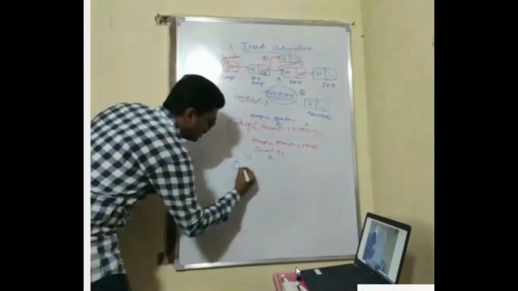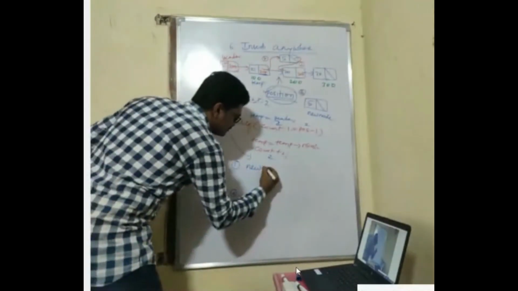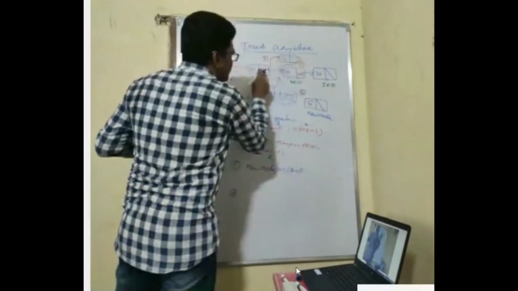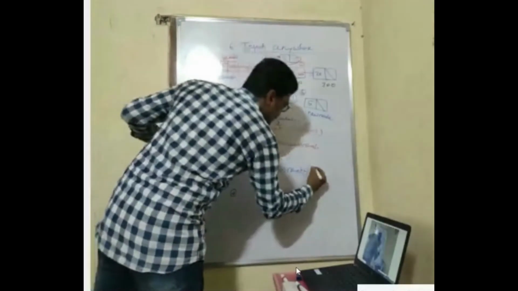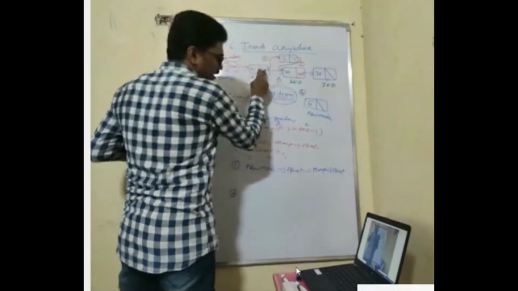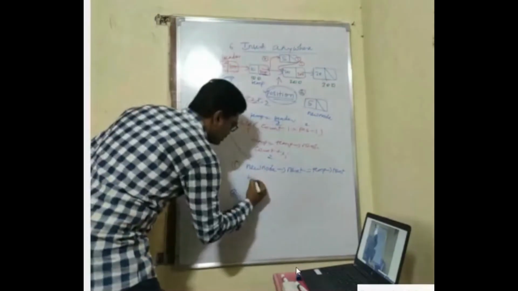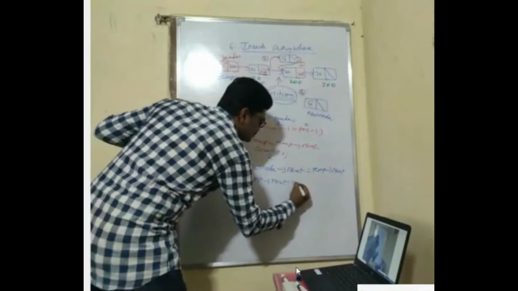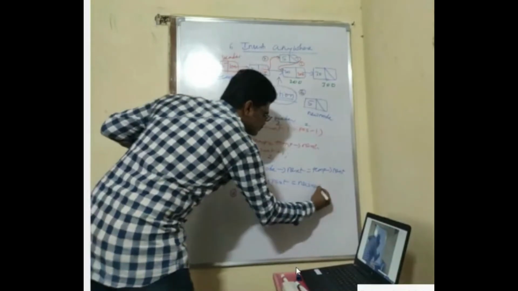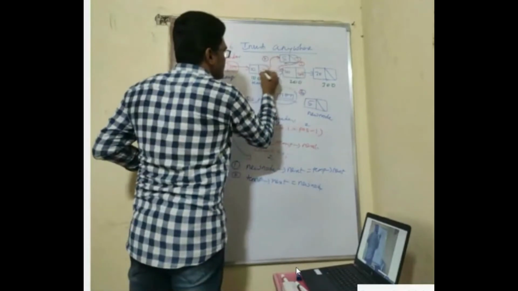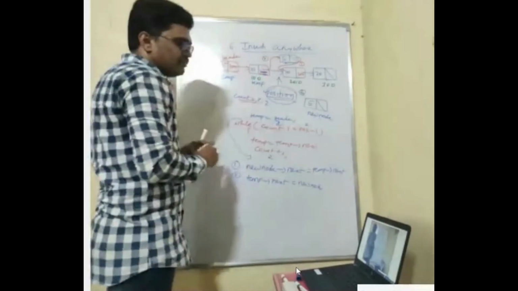So new node next, which is null, we'll put temp next. Then the second step: temp next equal to new node. I store the address of this one here. This is having some address, and that address I'll put here. Is it fine?